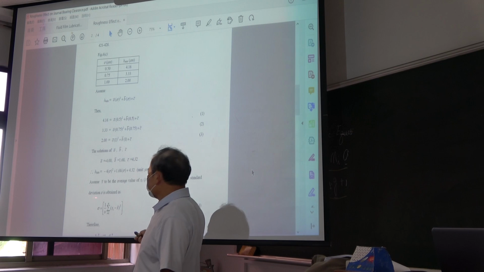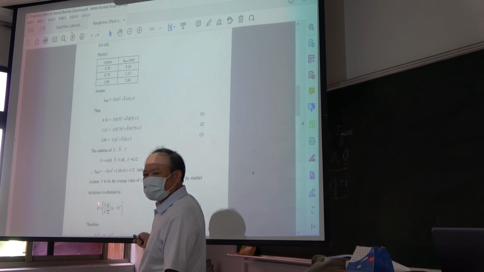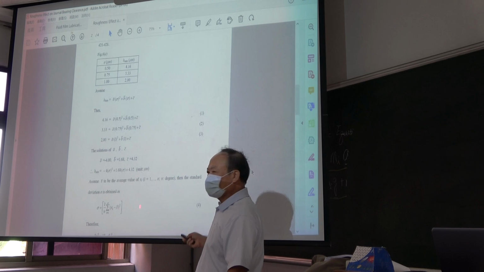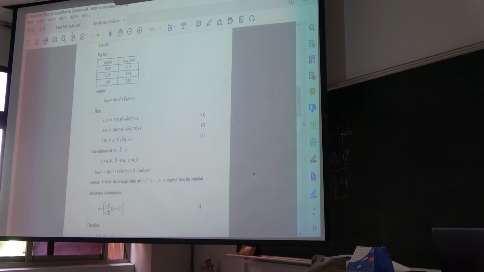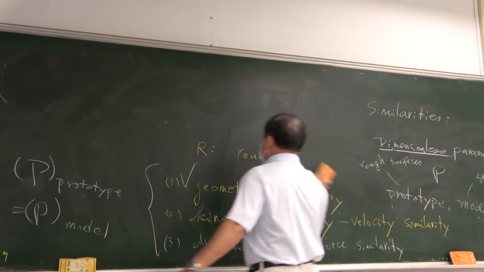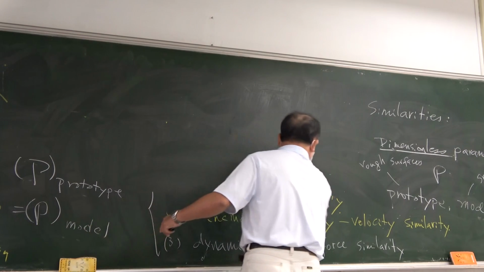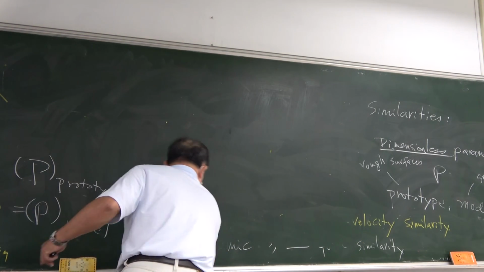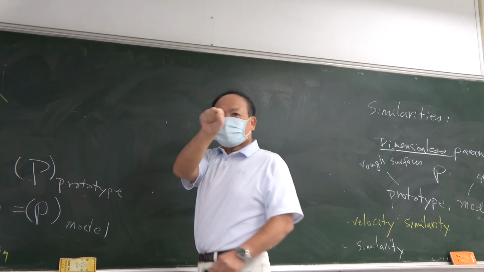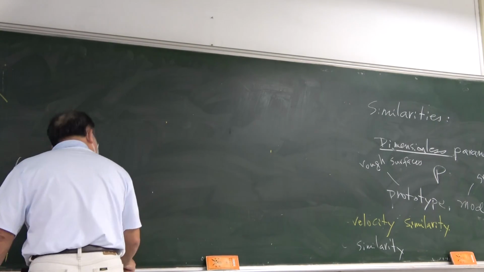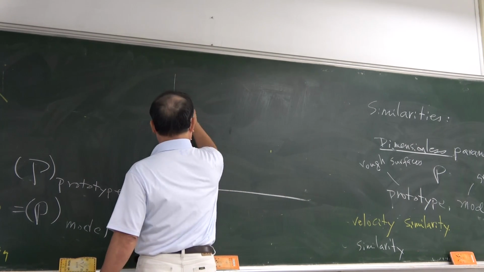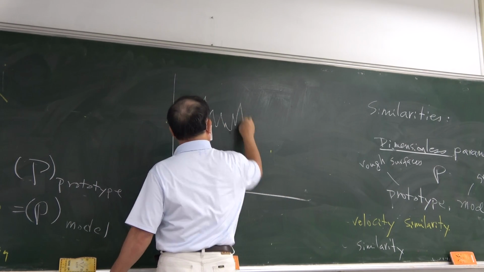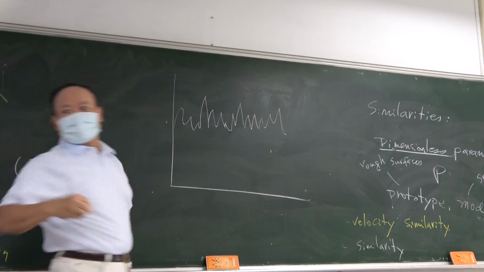Here is the definition of the standard deviation. This is the basic definition of standard deviation. You measure the surface with a profile that looks like this, like surface roughness.